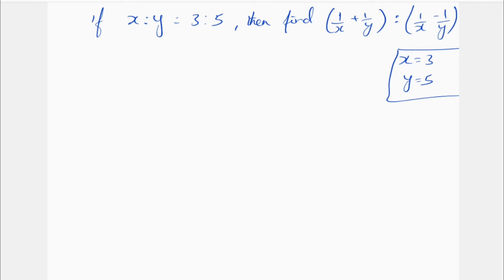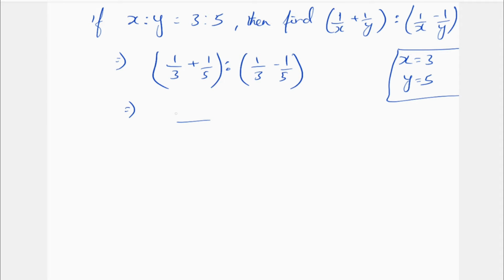So when I substitute it, I'll be getting 1 by 3 plus 1 by 5 is to 1 by 3 minus 1 by 5. This is the ratio that I'm getting. Now simplifying, 3 and 5, the least common multiple is 15.